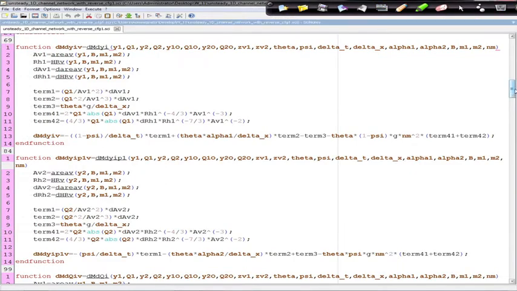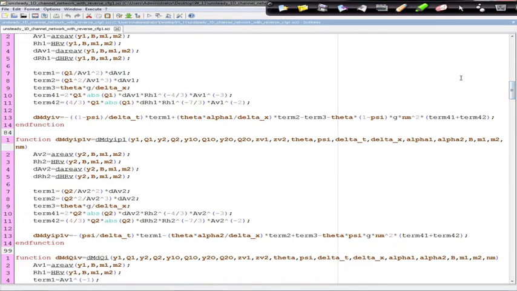After this calculation, interestingly please note here that we have used these Q abs terms here.